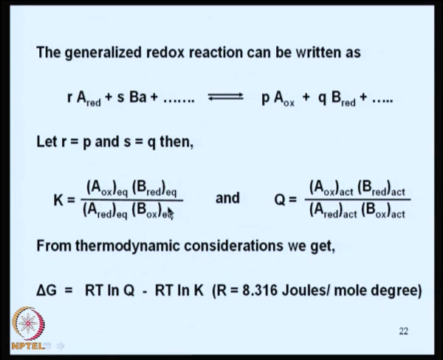We have seen the generalized redox equation in the last class: a moles of species A and s moles of species B get converted to p moles of oxidant A and q moles of reductant B. Then we have written an equilibrium constant, and then a thermodynamic constant, that is Q, which is essentially the same as the equilibrium constant, except the equilibrium terms are replaced by activity.